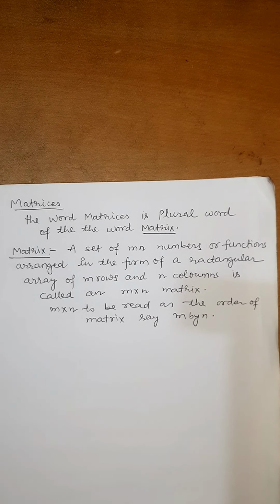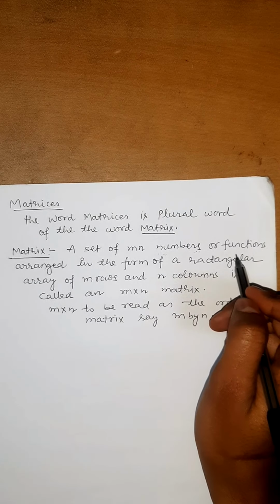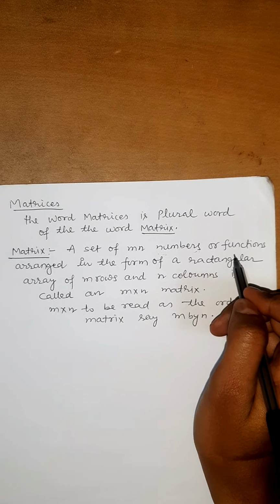Mn numbers means the numbers arranged in a rectangular array, like real numbers or complex numbers. So numbers may be real or complex. And functions, there are various kinds of functions: trigonometric functions, algebraic functions, logarithmic functions, and exponential functions.